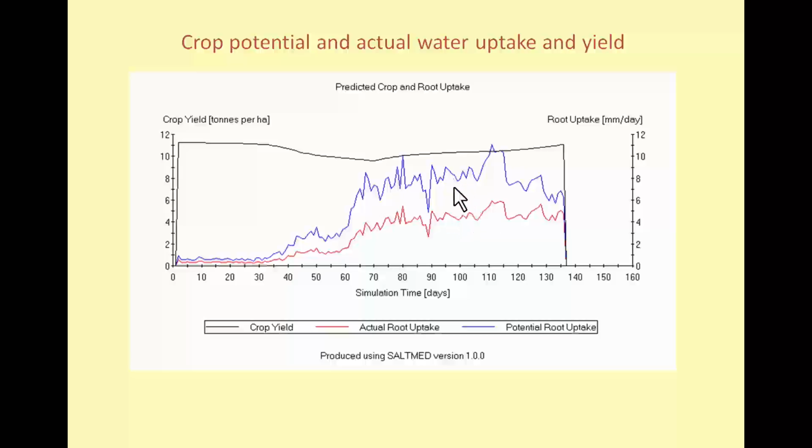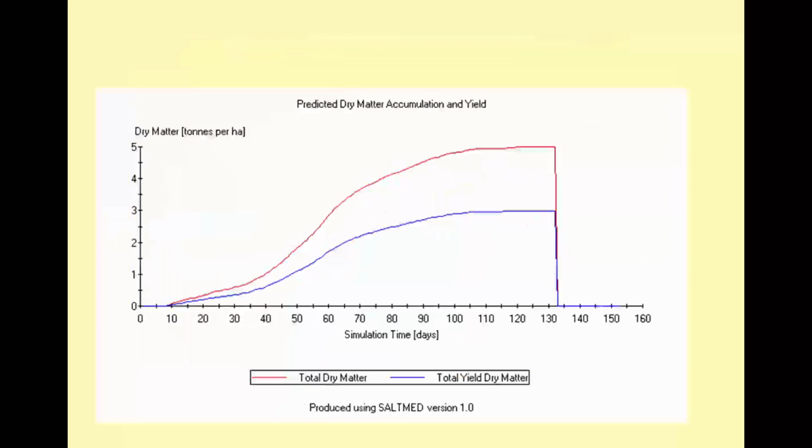The wider the gap between the two, it means the plant was subject to stress, or water stress and salinity stress. So the red line and the blue line should be on top of each other if you have no stress during the growing season.